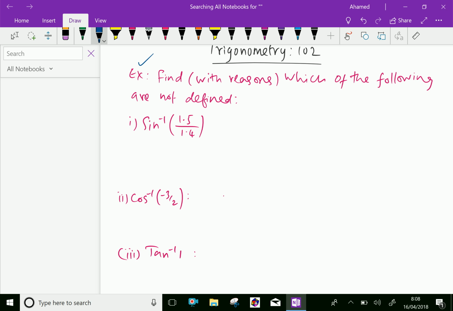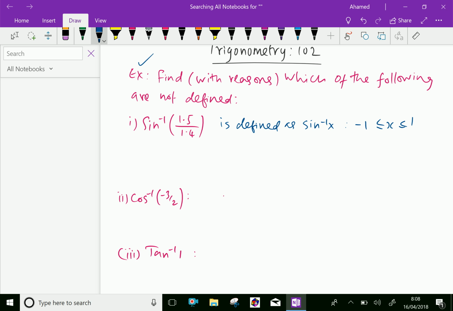is defined as sine inverse x and defined when the condition -1 is lesser or equal to x lesser or equal to 1.